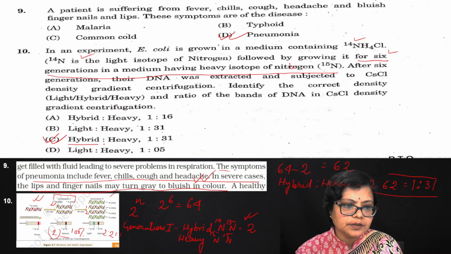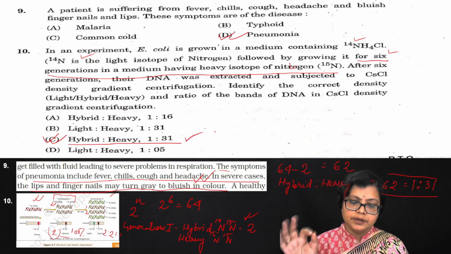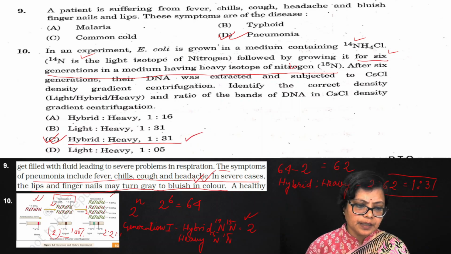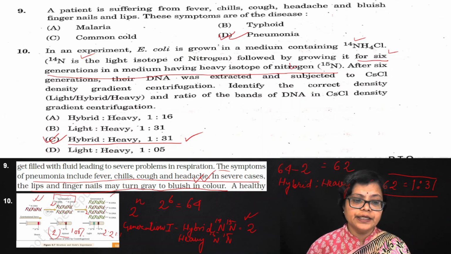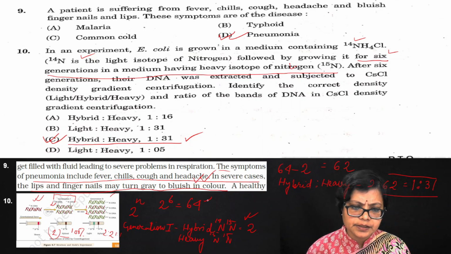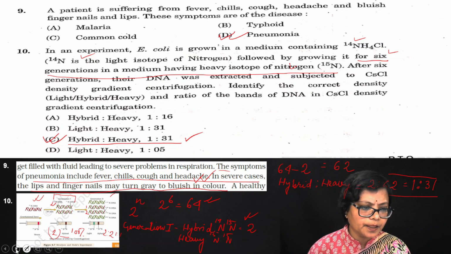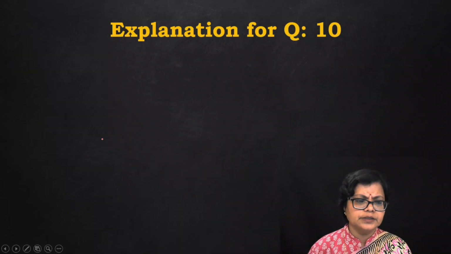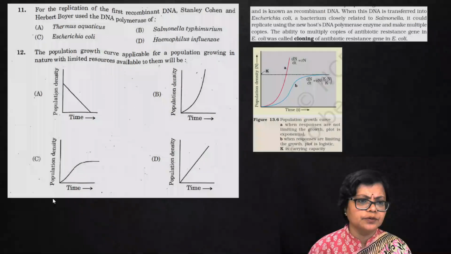This will be the answer. Is it clear? So hybrid 100% in generation 1, and from generation 2 onwards, this hybrid N14, N15 type is not available, because in the medium there is only N15. Clear? And this is the formula that you have to use. Next, this I have already explained on that page only.